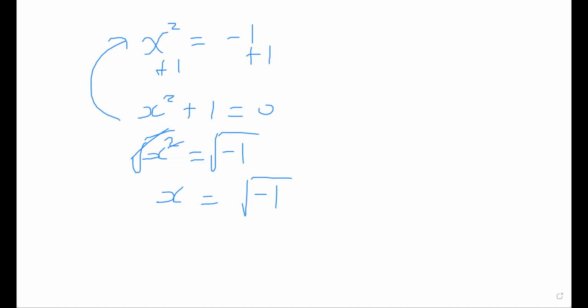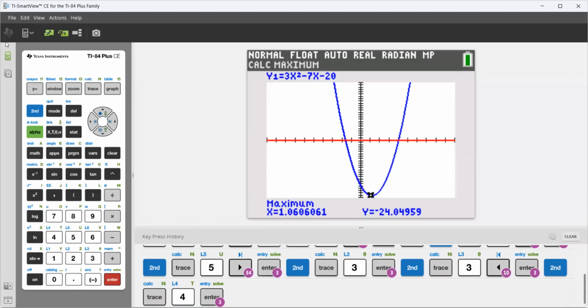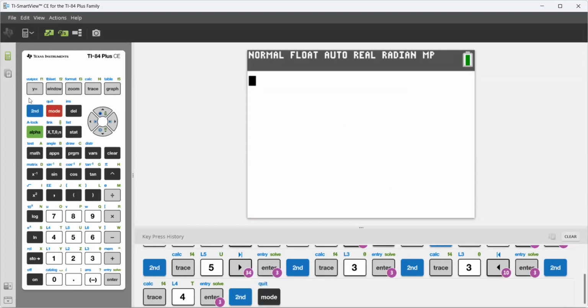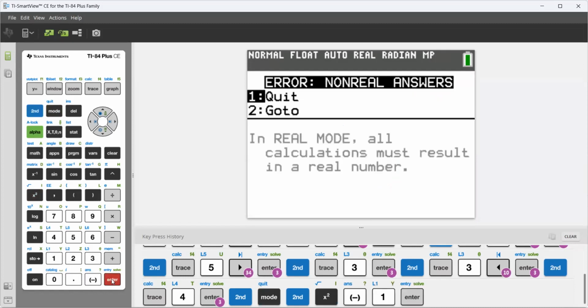Now, if you go to your calculator and put in the square root of negative 1, you see that it says there is a problem.